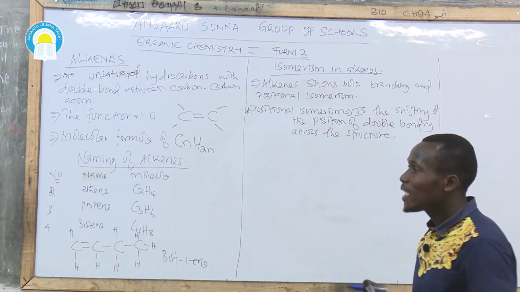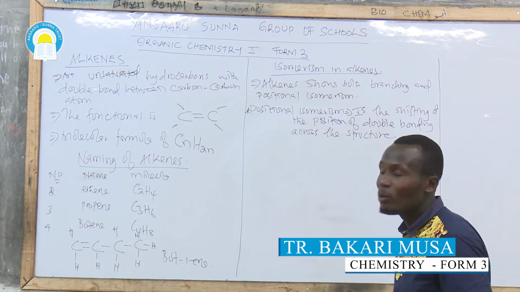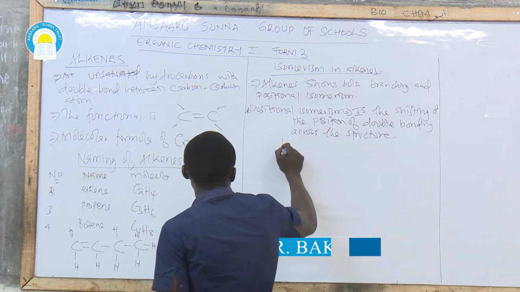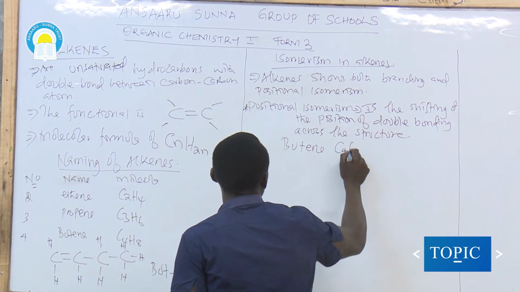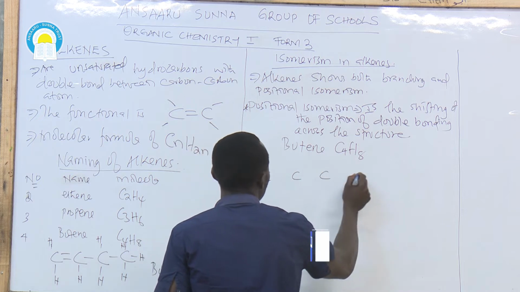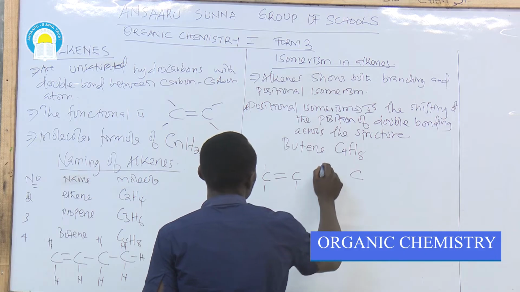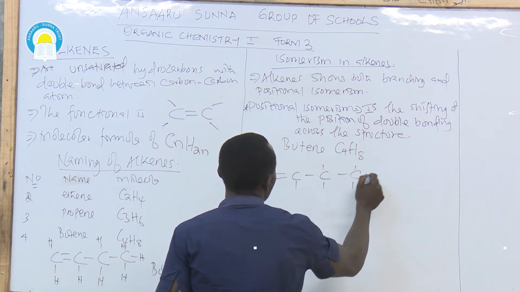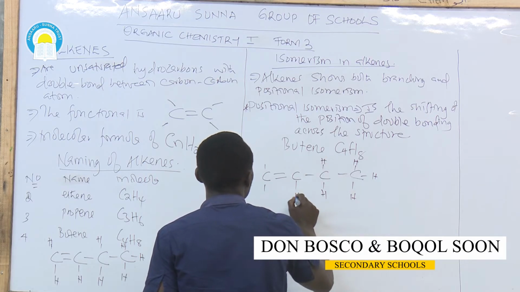For example, let's have a look at positional isomerism in butene, C4H8. We have the first carbon atom, 2, 3, 4. Make the double bond be on carbon number 1, then we have hydrogens on the rest.